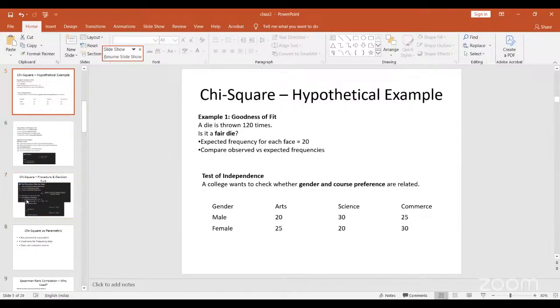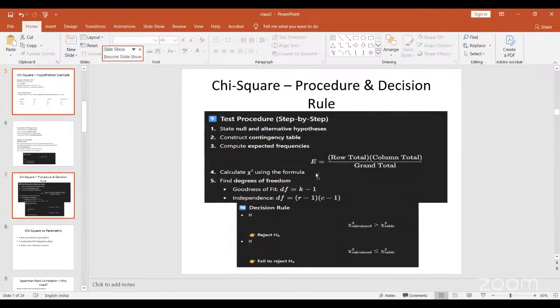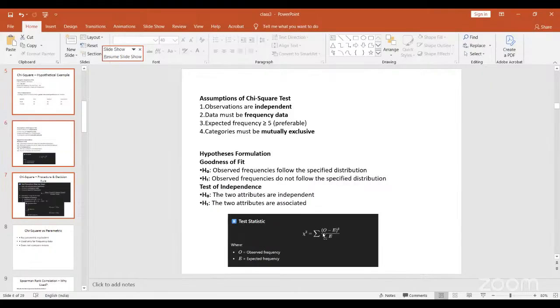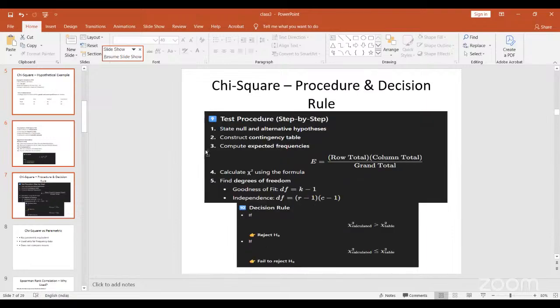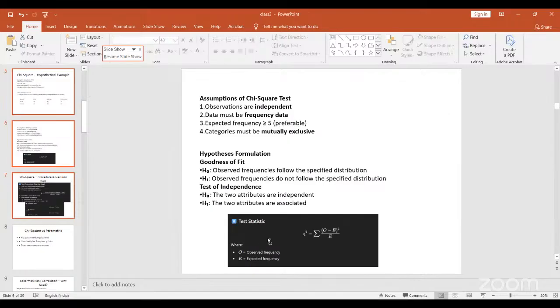That is the expected frequency. Calculate the chi-square using the formula that I have already told. This portion, observed, is there. Expected frequency, I have already told, by this formula we'll get the expected frequency, and from this formula you will be getting the chi-square.